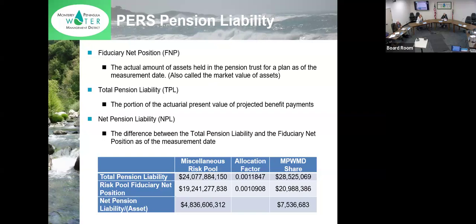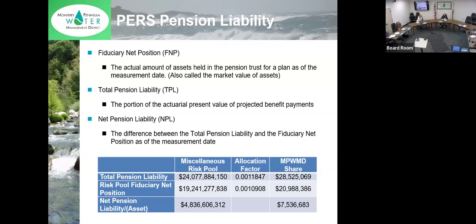So we look at the total liability in the pool and total assets in the pool, multiply that with the allocation factor for the district. And so what this table is saying is our total pension liability is at 28.5 million. And the total assets that we have against that liability is around 21 million, so 20.9 million. And so subtracting the two, we have a net pension liability of 7.5 million.